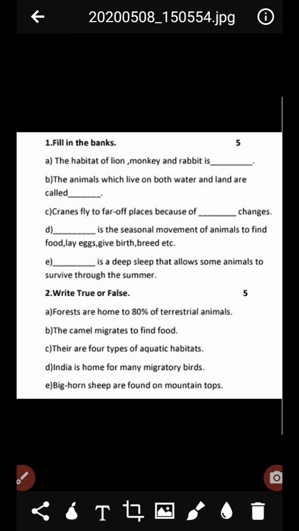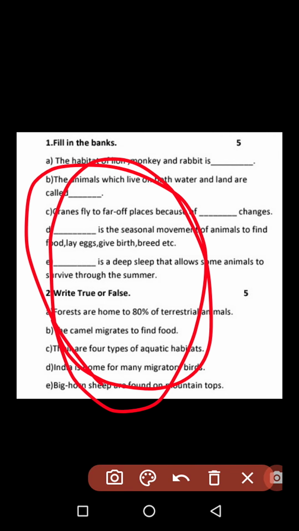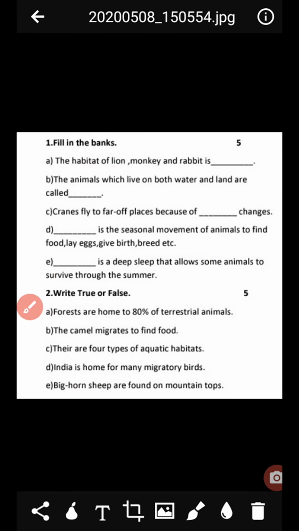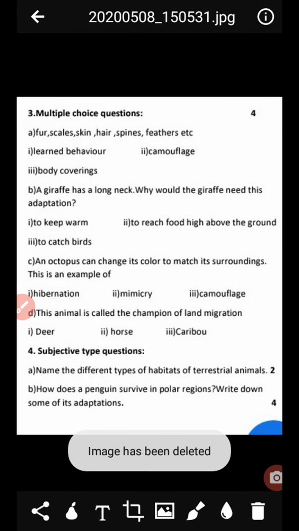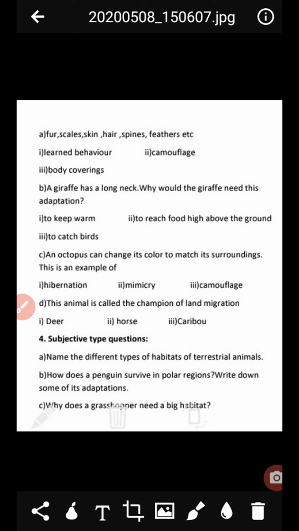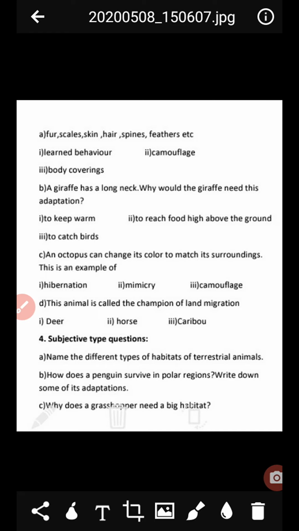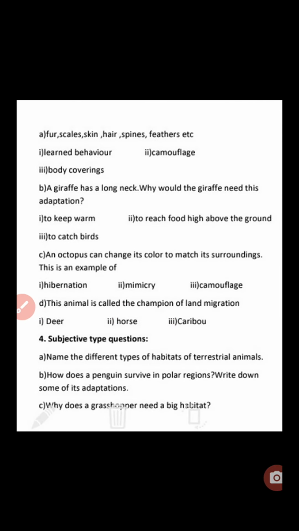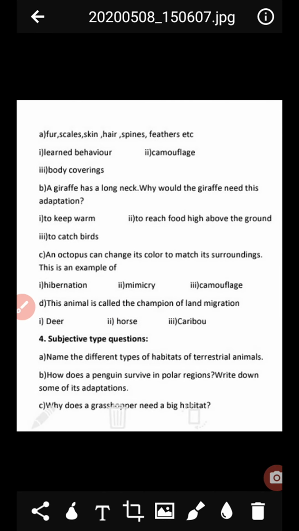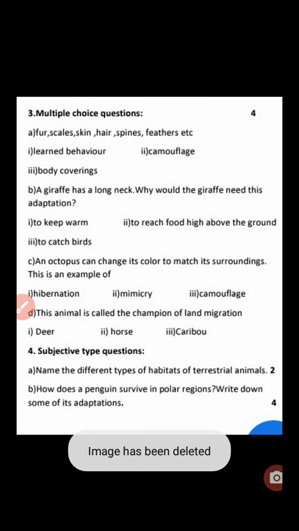One minute. Don't take this copy. After this, take this one. First, this, take the screenshot. Also, take the screenshot of this.